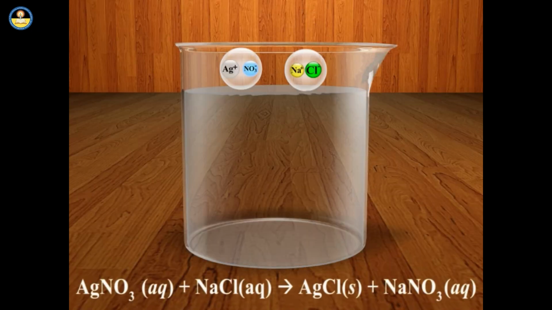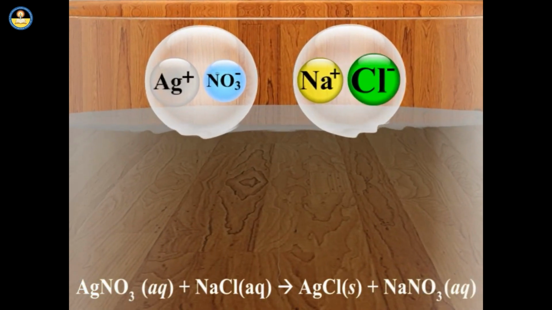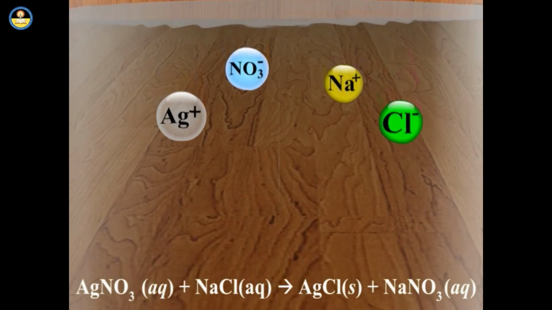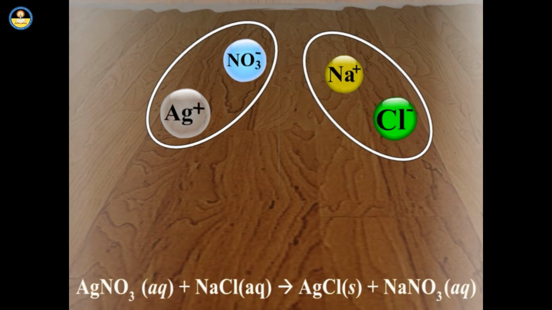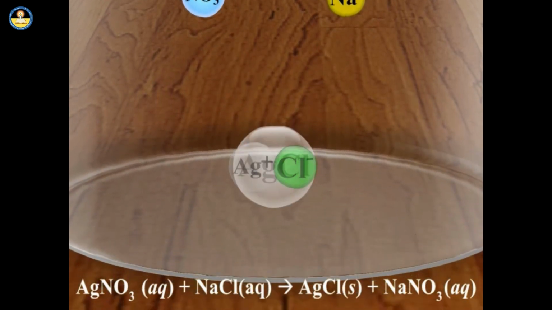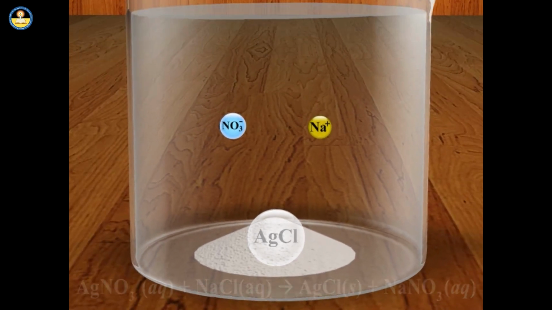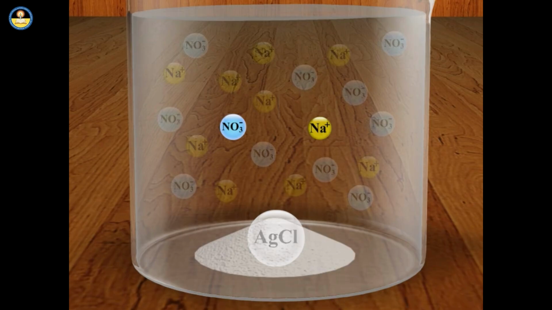Let us take an example to understand it better. What really happens when you put silver nitrate and sodium chloride both in water? Silver nitrate in aqueous state reacts with sodium chloride in aqueous state to give silver chloride in solid state plus sodium nitrate in aqueous state.